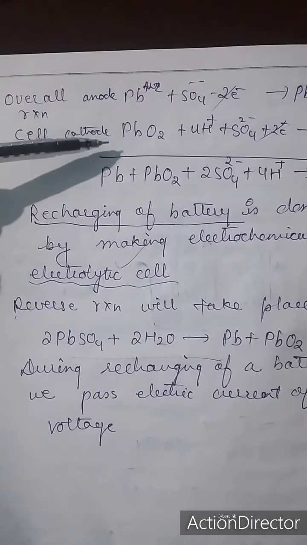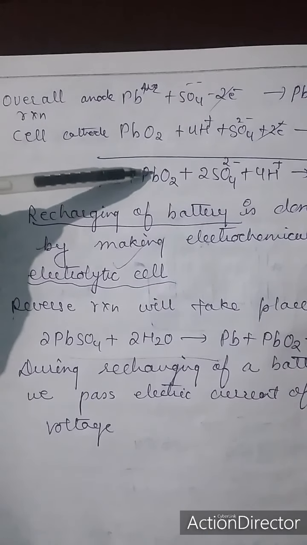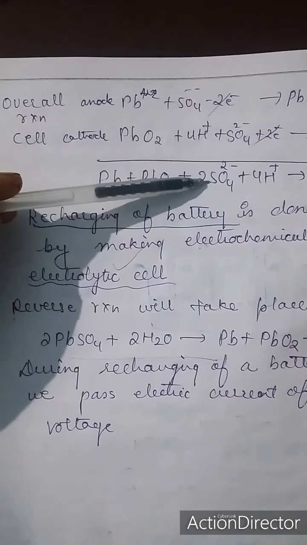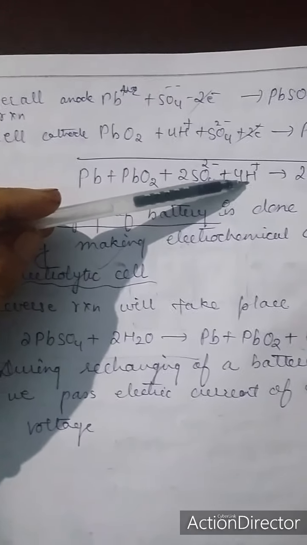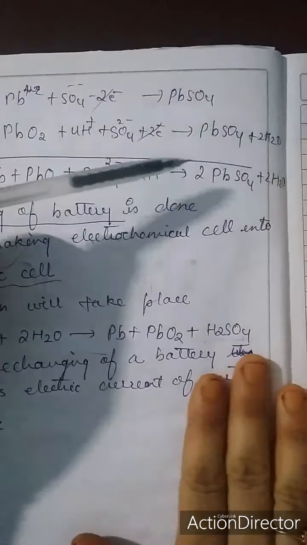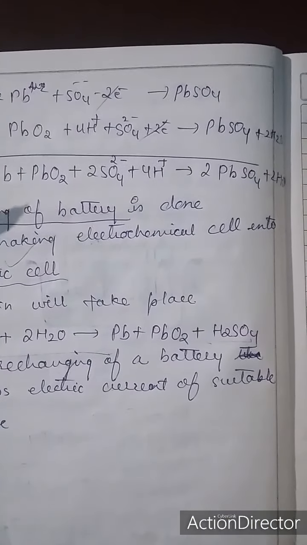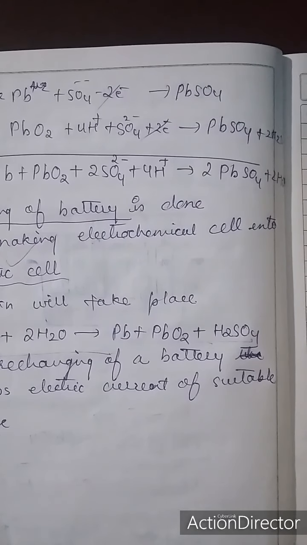So whatever is cancelling, that we will cancel, and what is left is Pb plus PbO2 plus sulfate ions and H plus ions giving you PbSO4 and 2 molecules of water. This is how the reaction occurs.